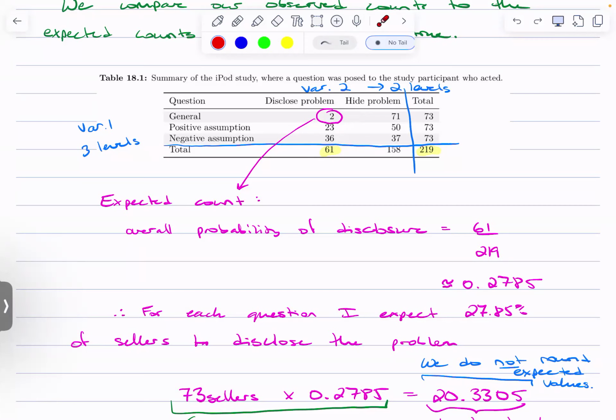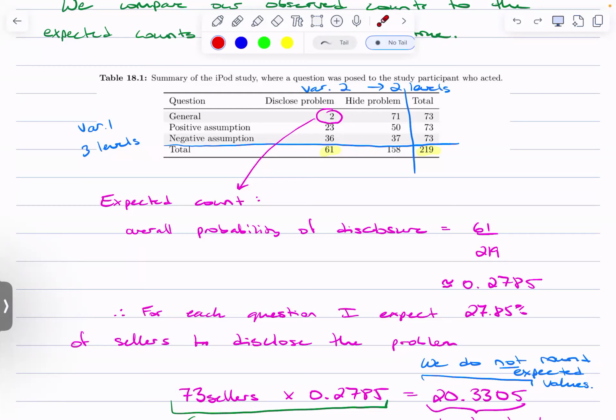We need to figure out a way where they don't cancel each other out. And the most common way of dealing with that is to square those deviations. Squaring things makes them positive, but it also amplifies large deviations. You're kind of penalized for those large deviations. And so that's what we're going to do.